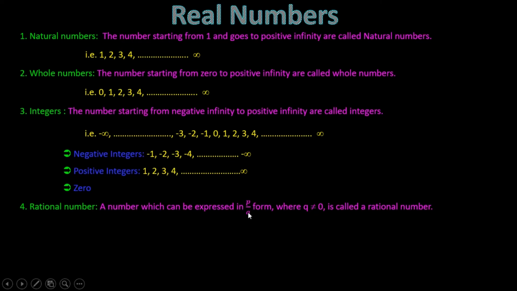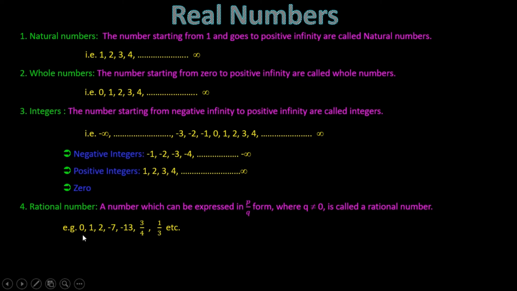If you write 0 there, then any number, positive or negative, upon 0 is undefined. It is not defined in mathematics. So q must not be 0; q must be some nonzero number. Any number that can be expressed in p by q form, we call a rational number.